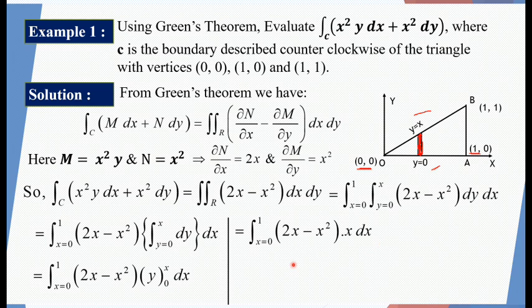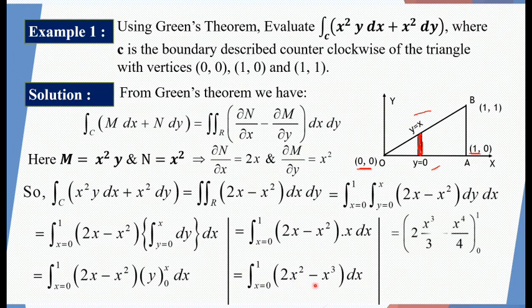Now we can solve it directly, but before integrating we have to multiply this x inside the bracket. So it will convert into 2x square minus x cube. So what is the integral of x square? The integral of x square is x cube by 3, and the integral of x cube is x raised to power 4 by 4, under the limit 0 to 1.